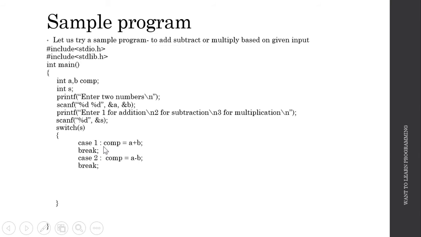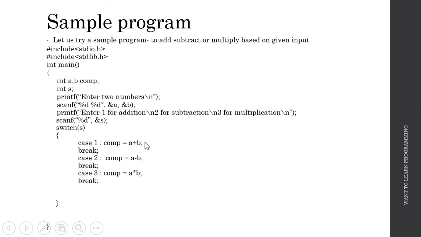Next, case 2. For case 2, this is run when s is equal to 2. Here we use computation is equal to a minus b. Next, case 3, where we compute a star b, that is a multiplication b, for s equal to 3.